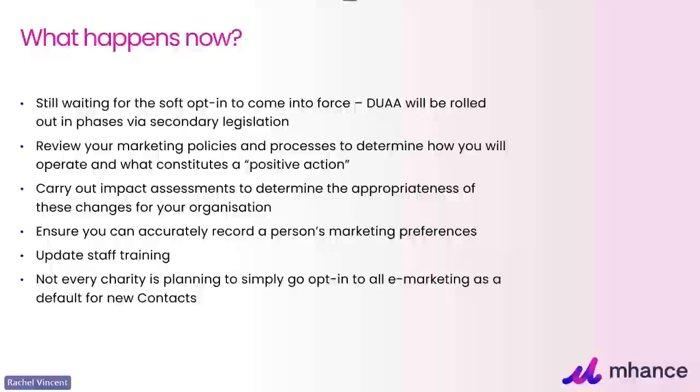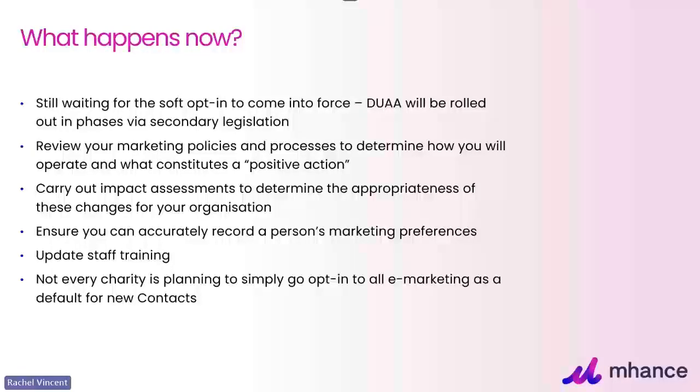So what happens now? Well, right at the moment, this soft opt-in has not come into force. The Data Use and Access Act will be rolled out in phases off the back of other legislation coming through. So it's really important that you don't just go, oh great, we can just switch our email, SMS and social media marketing to opt out only.